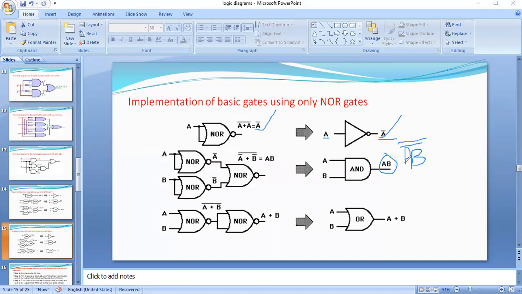See here, (AB) double whole bar is equal to AB. First I am applying one bar: (AB) whole bar means A bar plus B bar, and we have another whole bar, so keep it as it is.